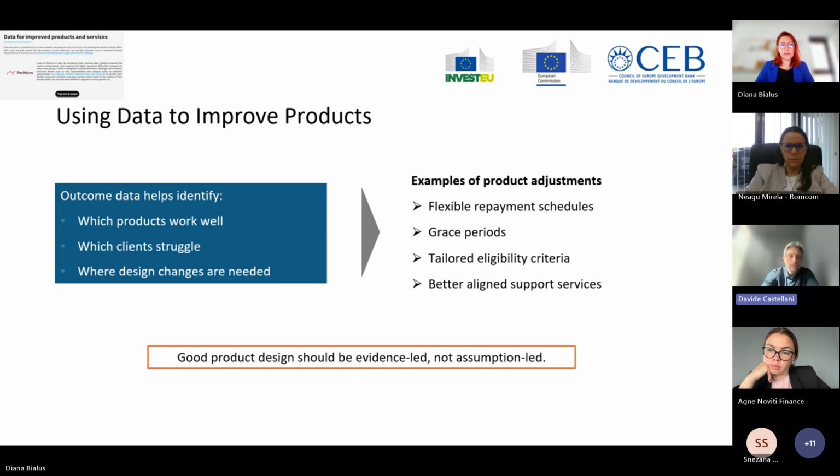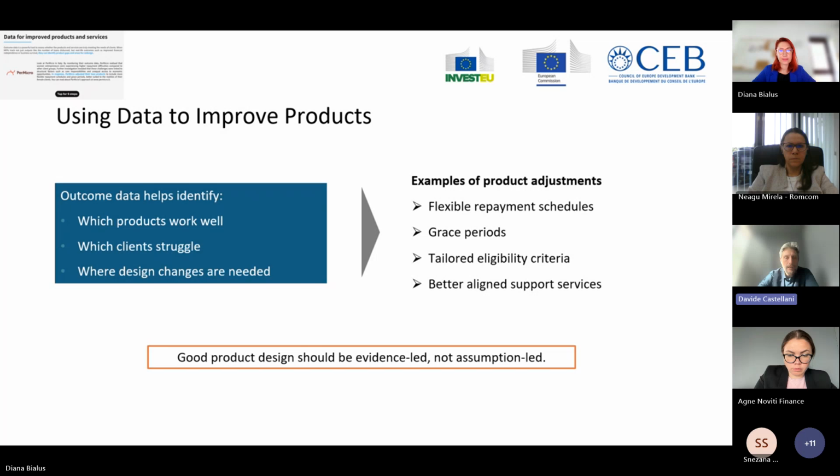As we said, we have to track relevant outcome indicators, and then disaggregate by client profile. Because there are patterns invisible at portfolio level, and when we analyze the data by client profile, by products, we can discover something different.